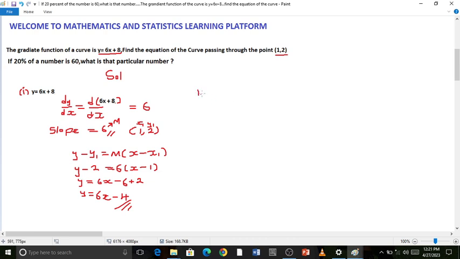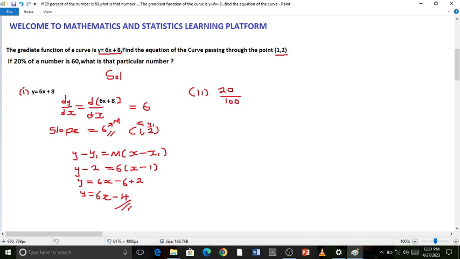So this is question 2. If 20% of a number is 60, what does that mean? We have 20 as a fraction of 100.